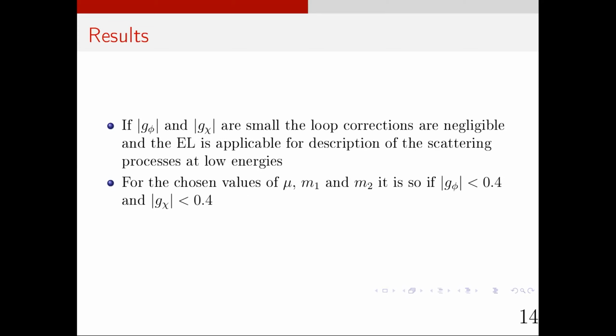We found out that if couplings in the light sector of the model and in the heavy sector of the model are small, so if interaction of light fermions with both light and heavy scalars is feeble, then loop corrections are negligible, and the effective Lagrangian studied in this research is applicable for the description of scattering processes at low energies.